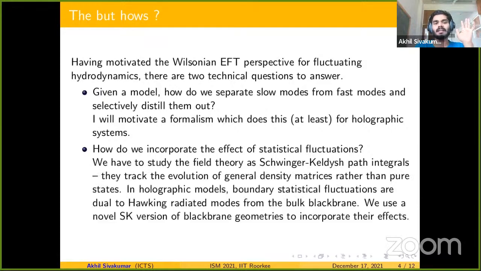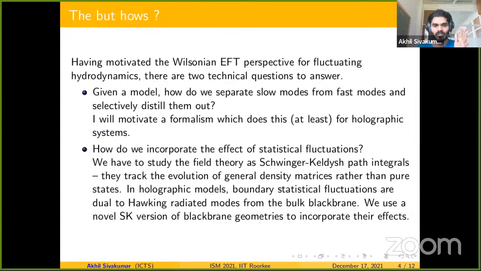From the field theory side, we have to study the field theory as a Schwinger-Keldysh path integral, where you track the evolution of general density matrices, or mixed states rather than pure states. In holographic models, we know that boundary statistical fluctuations are dual to Hawking radiated modes from the black brane. So we use a novel Schwinger-Keldysh version of black brane geometries.